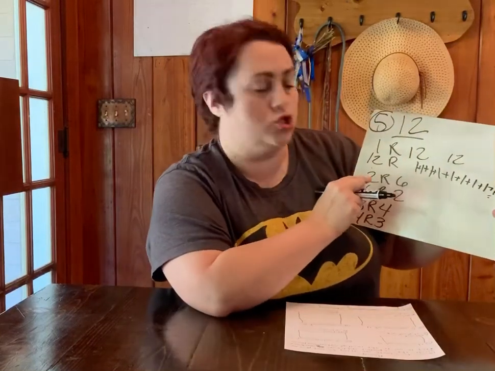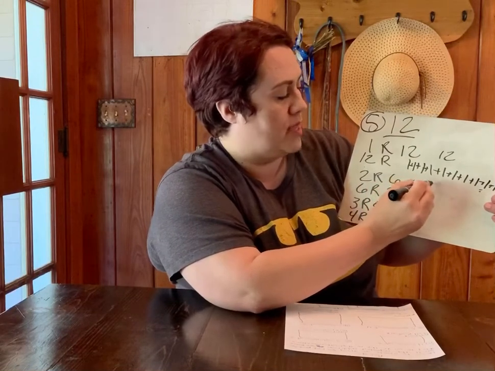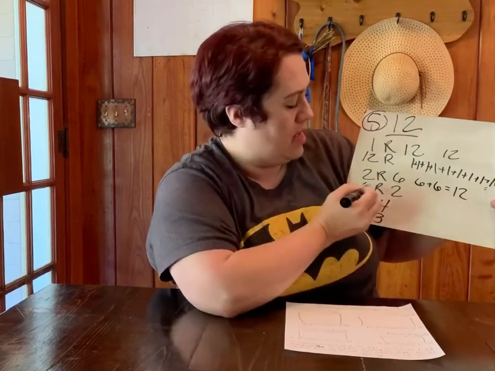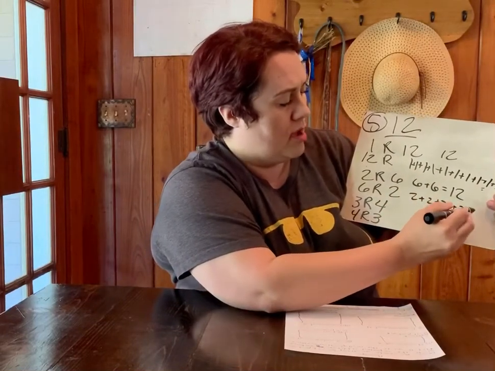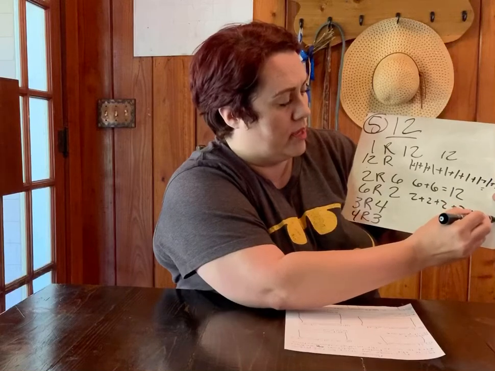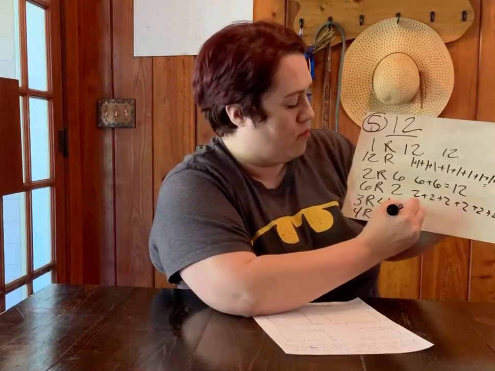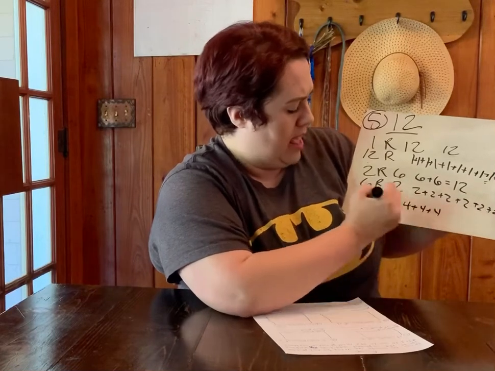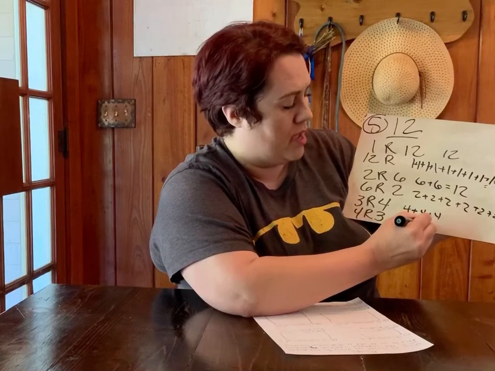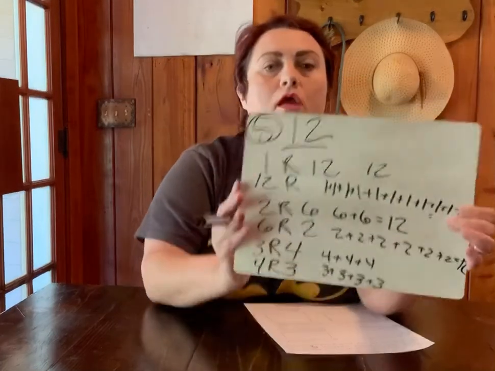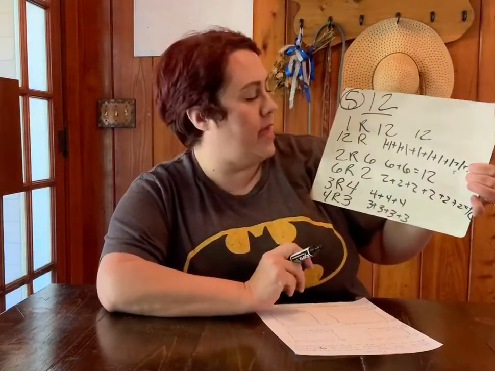If we did 2 rows of 6, we would do 6 plus 6 equals 12. 6 rows of 2, 2 plus 2 plus 2 plus 2 plus 2 plus 2 equals 12. If we did 3 rows of 4, we would do 4 plus 4 plus 4, and 4 rows of 3, 3 plus 3 plus 3 plus 3. All of these would have a sum of 12, okay?